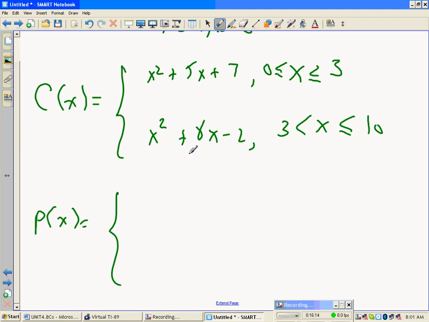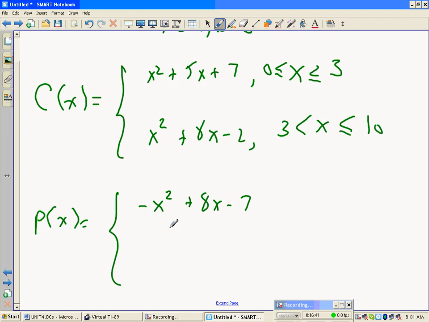13x minus this. Okay, so 13x minus that is what? It's 8x, right? All I did was subtract this from 13x. So that becomes negative, that becomes negative, 13 minus 3 is 8.